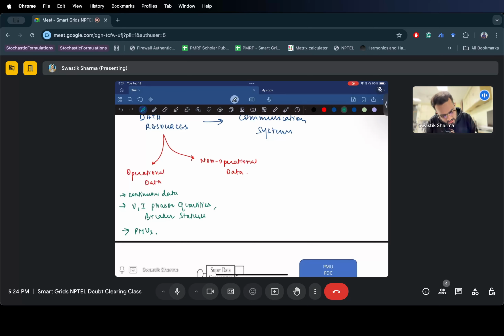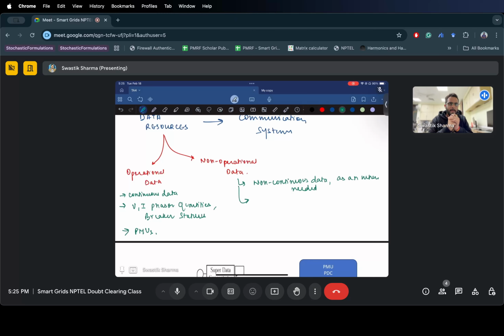Now, non-operational data is non-continuous, and is required only when needed. You only want this data when needed, right? What kind of data falls into this category?